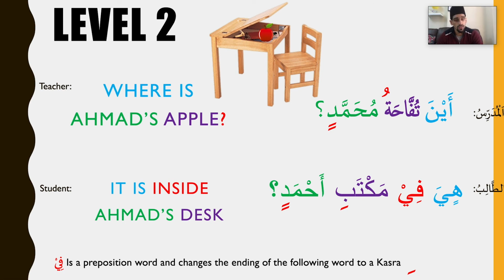Hiya meaning it is, referring to the feminine form. Note here tufahatu. This is called a ta marbuta, and this indicates that it is a feminine word. Before we used the word huwa for pen, but tufahatu is a feminine word, so we use hiya here.